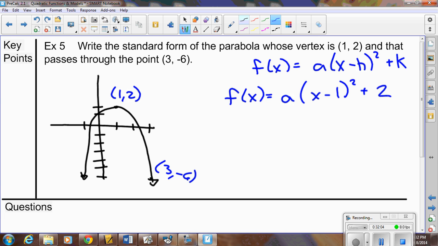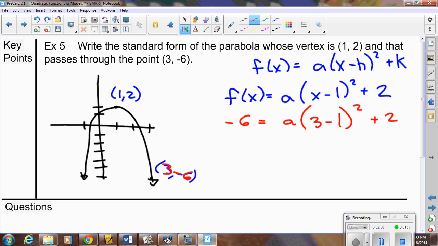In order to do that, we are going to plug in the x value of 3, which we know will give us the y value of negative 6. So that tells us our y value is negative 6. The x value, we plugged in 3. And now we just need to solve this equation. If we can get that equation, then we will be finished with our work on standard form.